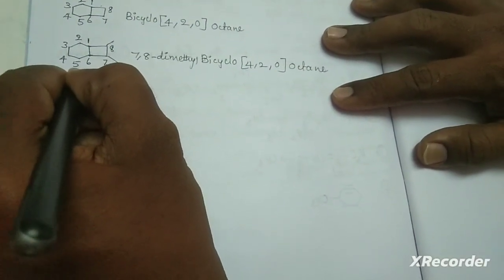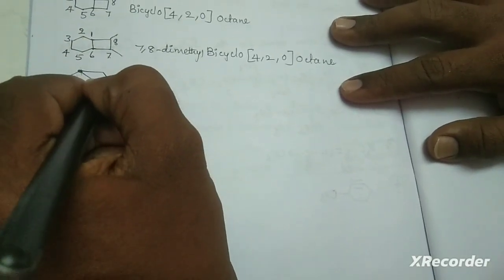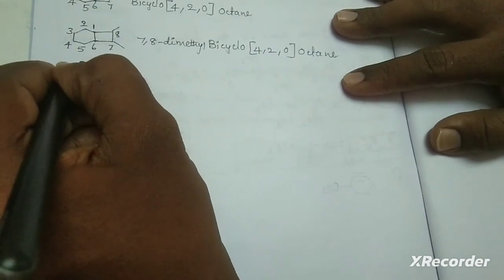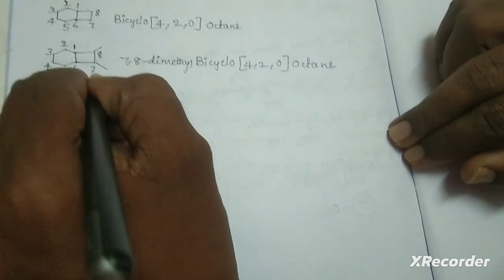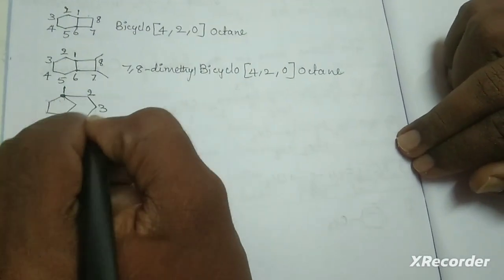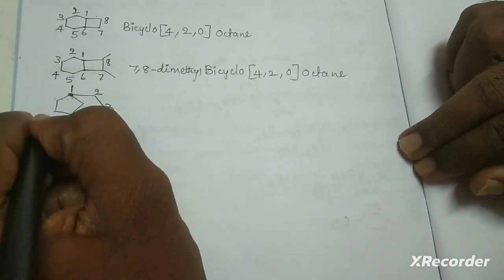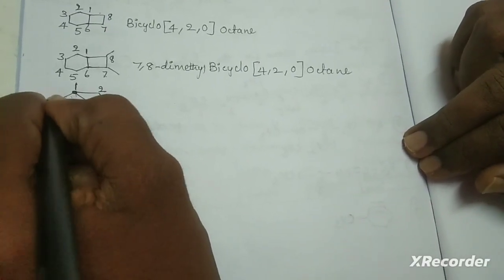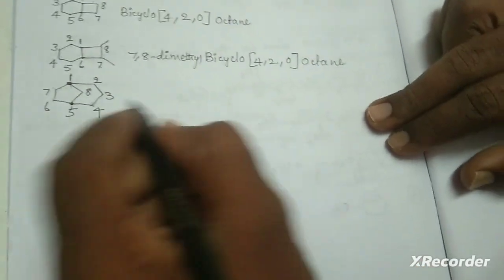This is the bridge carbon, this is the bridge carbon, and on this side you have 3 carbons, and on this side you have 2 carbons. So you have to start from here. It goes 1 2 3 4 5 6 7 8.